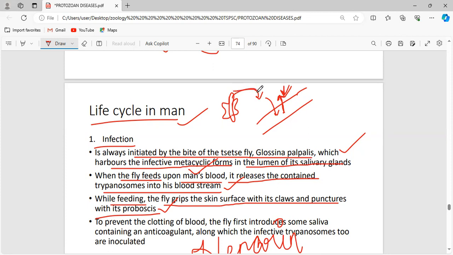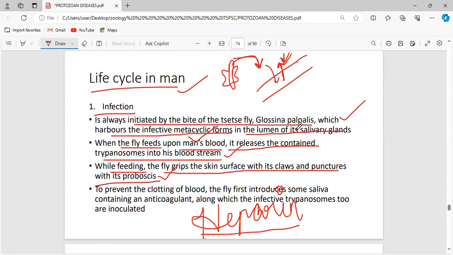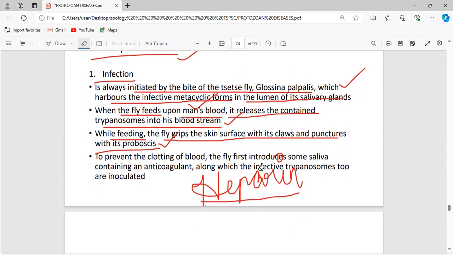Now, when it sends some saliva, the parasite which is present in the saliva also reaches the body of the human, through the cut, the area where the blood comes out. The same thing applies to malaria also. The same thing is followed by the mosquito also. Clear? I hope you're getting how the infection is made.